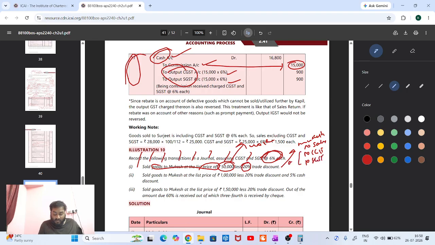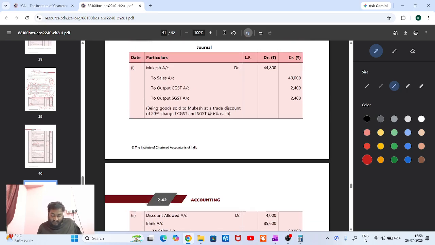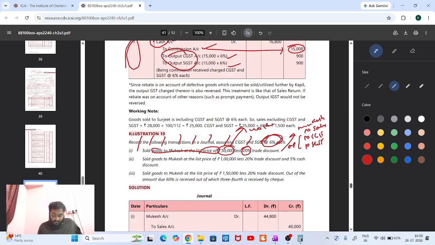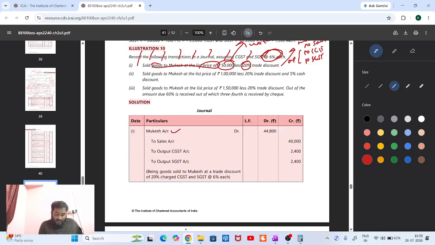These are both output. This is the journal entry. Mukesh to sales, to output CGST, output SGST. Sales is 40,000. This is 6% each. The total is the balancing figure.